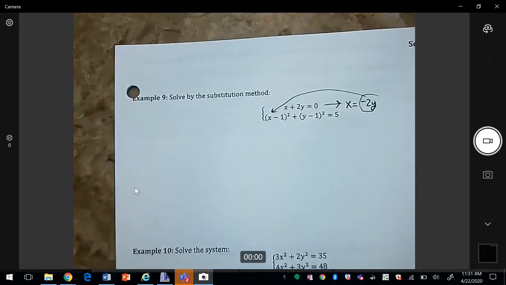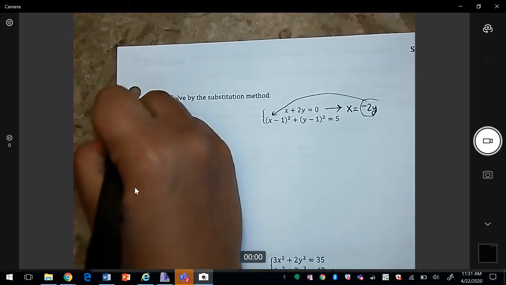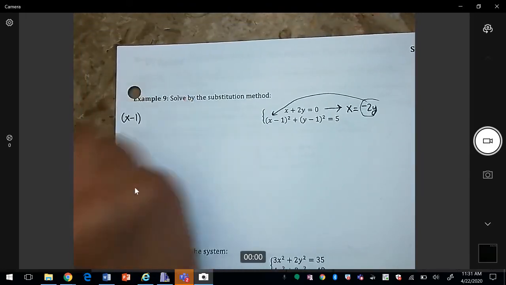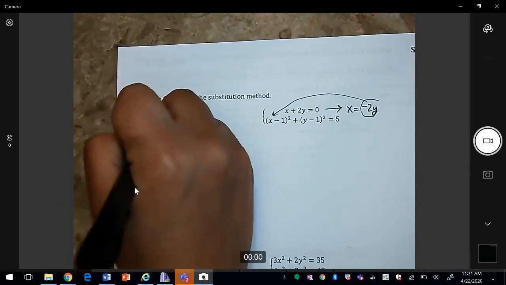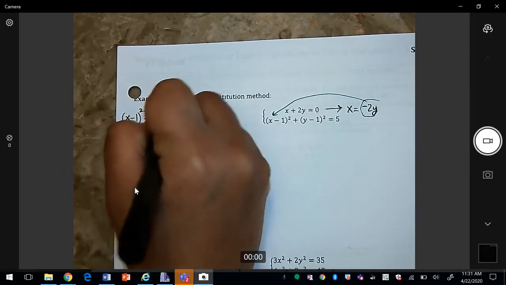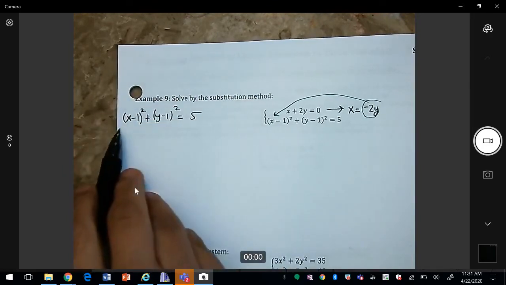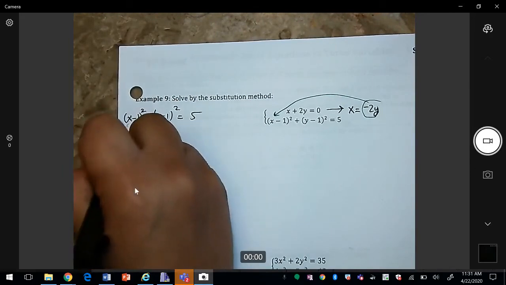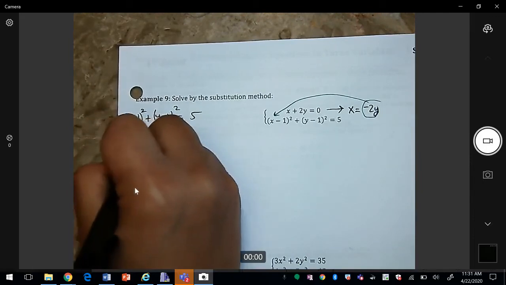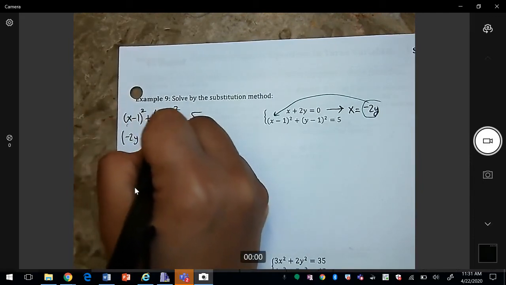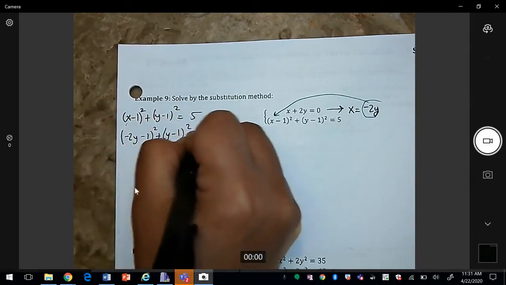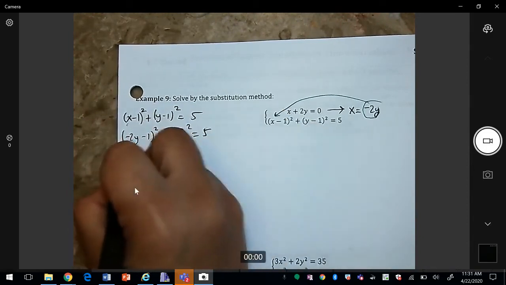So I'm going to go ahead and work that out over here. (x minus 1) squared plus (y minus 1) squared equals 5. So instead of x, I'm going to replace x with negative 2y: (negative 2y minus 1) squared plus (y minus 1) squared equals 5.